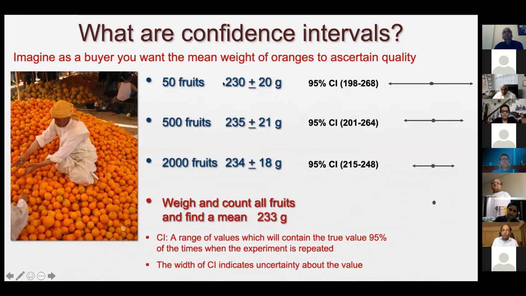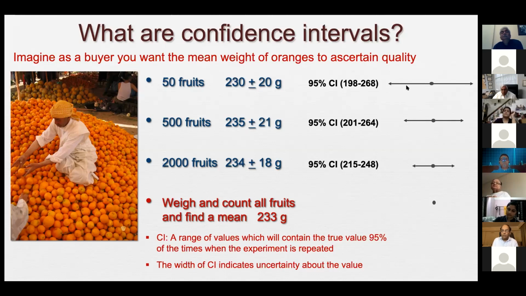But if you want to know what will happen if I repeat this experiment several times, will it be the same? For that, you have to go to the confidence interval. Usually confidence intervals are calculated at the 95% confidence level. They will give you a range. A confidence interval means there is a range which is supposed to contain the true value. If you repeat the experiment endlessly, it will include that value 95% of the time.